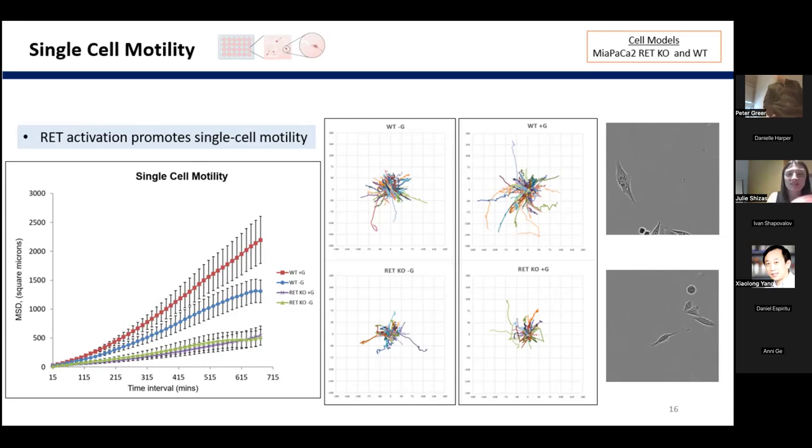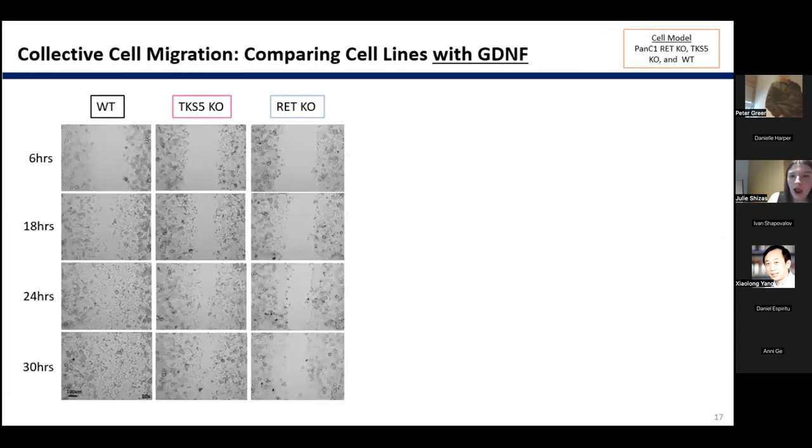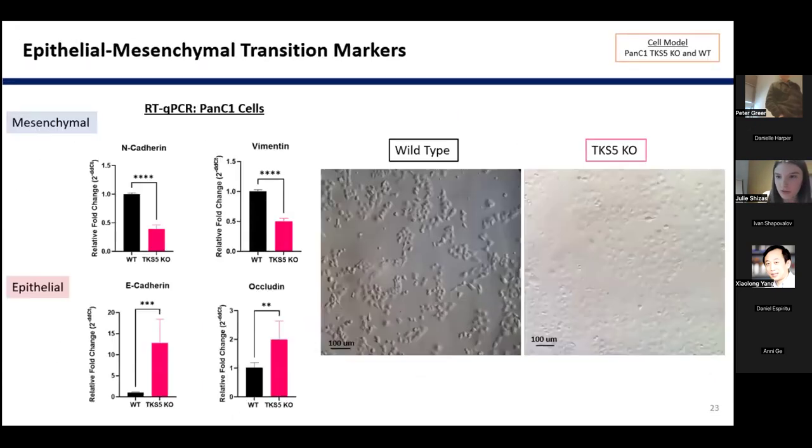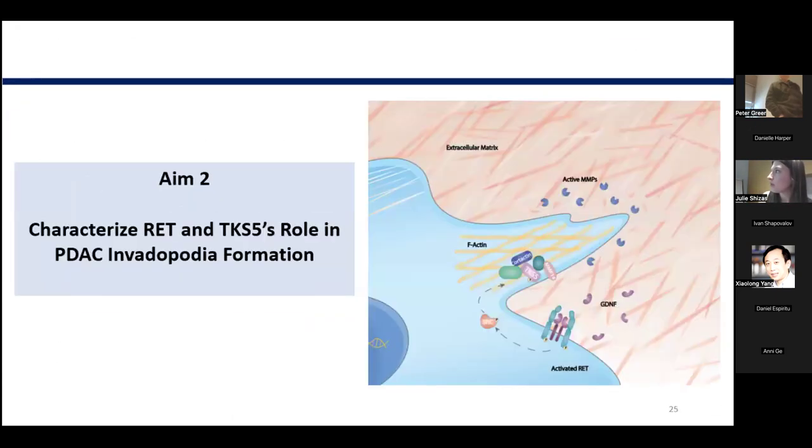Sorry, a couple of questions if I could. Could you show your picture of the invadopodia? Yes, this one here. It looks as though TKS5, which I've never heard of, is a scaffold protein involved in the formation of invadopodia.